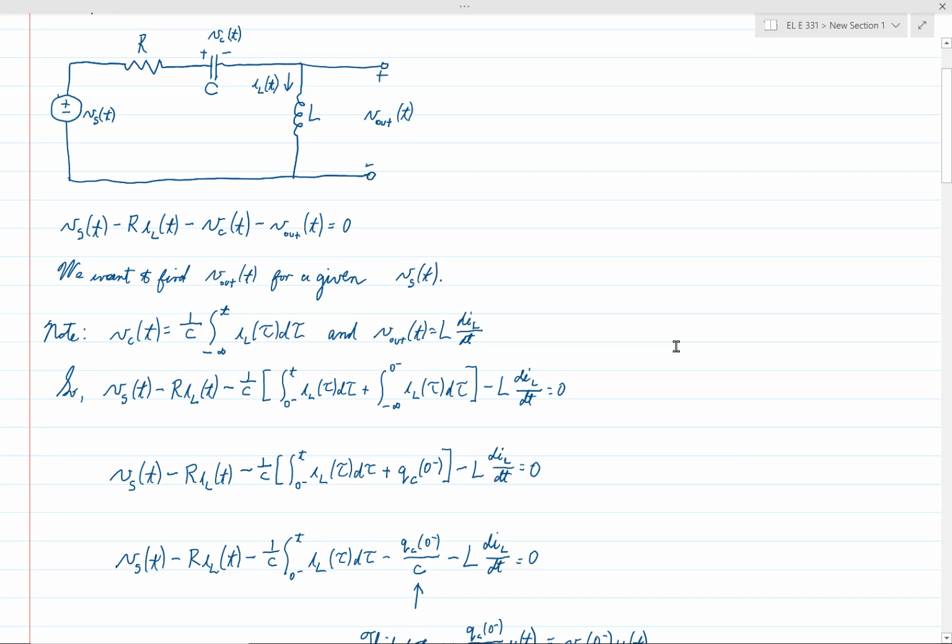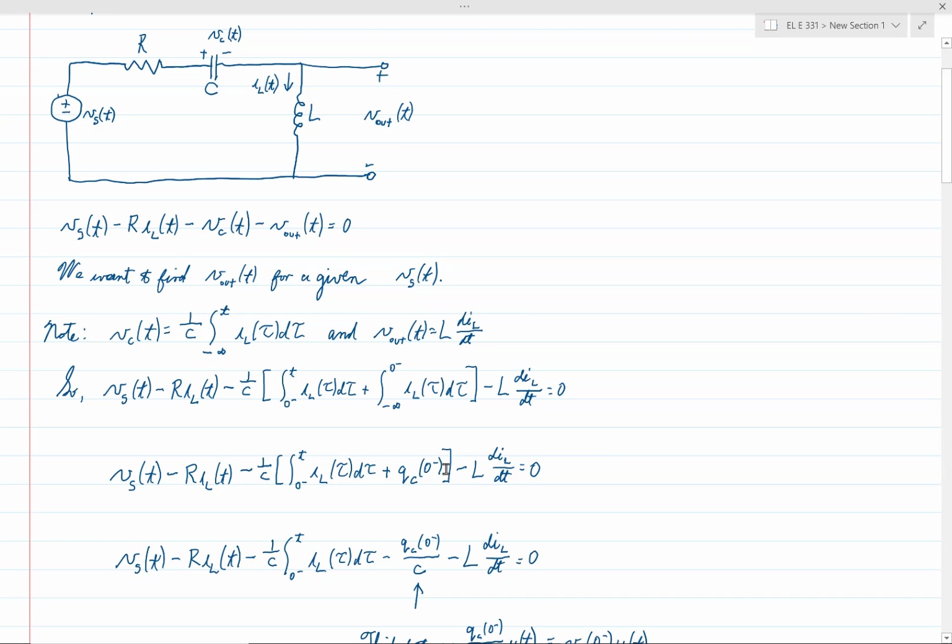Before I go any further, I want to make sure that one thing is clear. Notice that this minus L dIL dt is minus V out in this case, where we have defined V out as the voltage across the inductor. But in the problem where we've defined V out as the voltage across the capacitor, then minus V out will be this term.